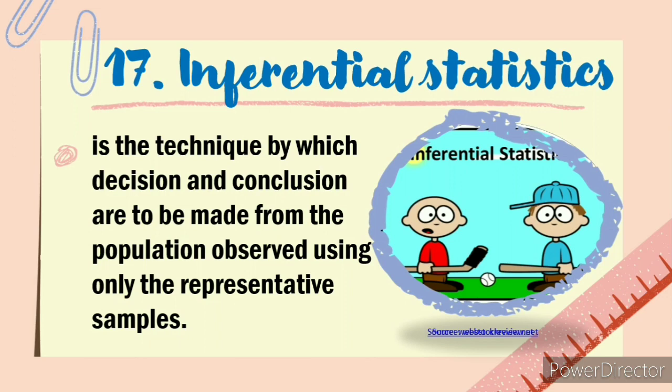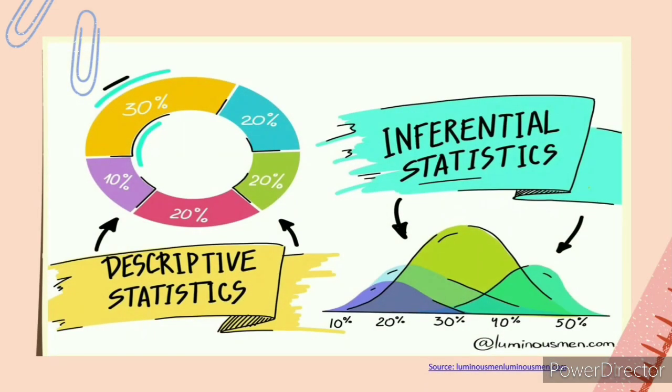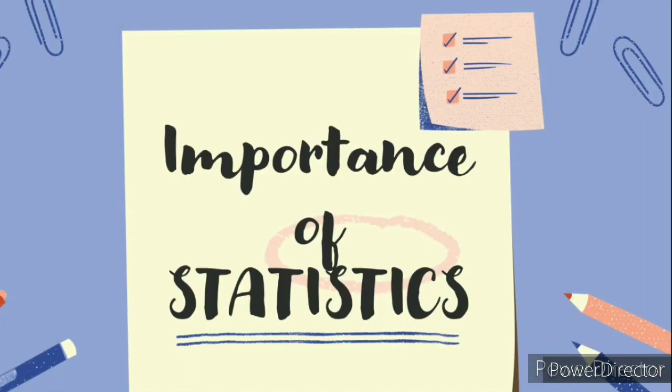It is a statistical tool that seeks to give information, inferences, or implications pertaining to the population by studying its representative samples. So this is the difference between descriptive statistics and inferential statistics. We have been talking about statistics.